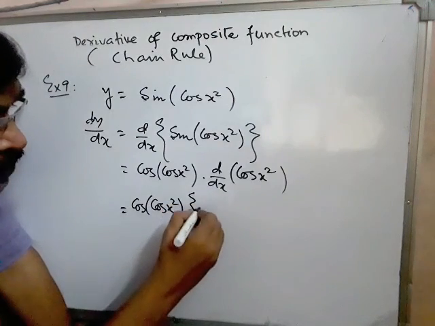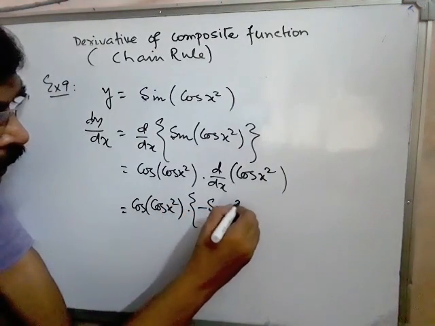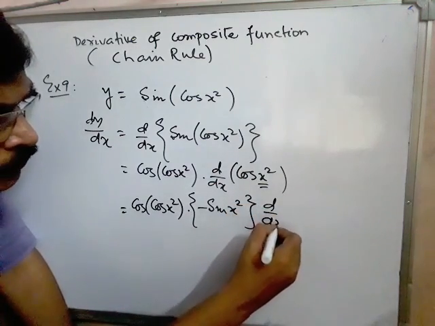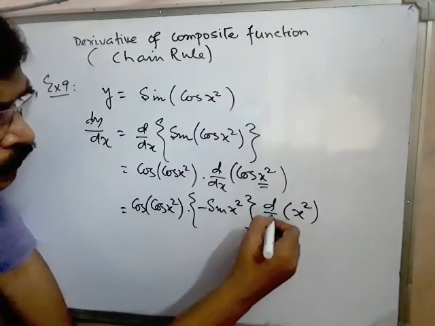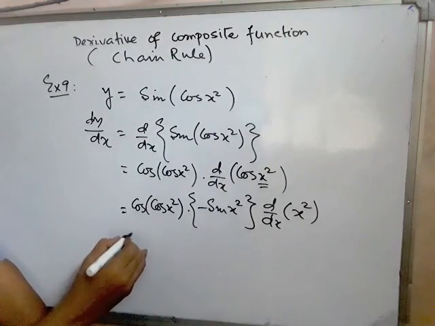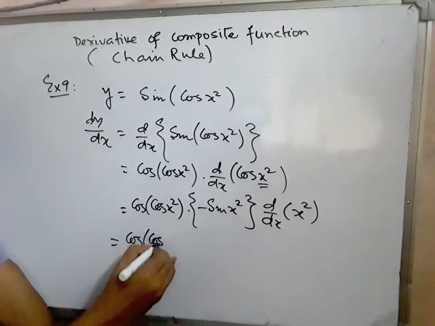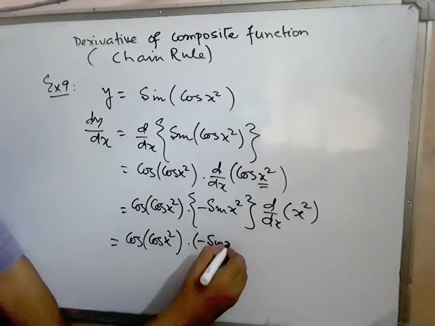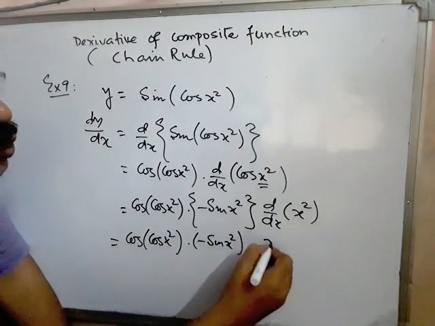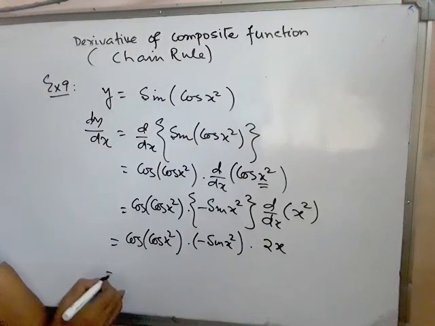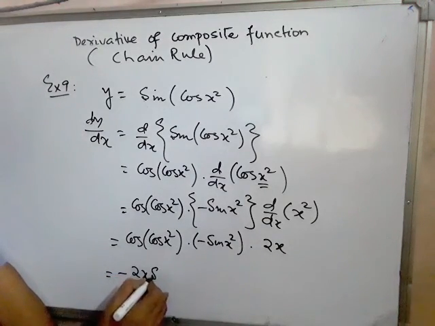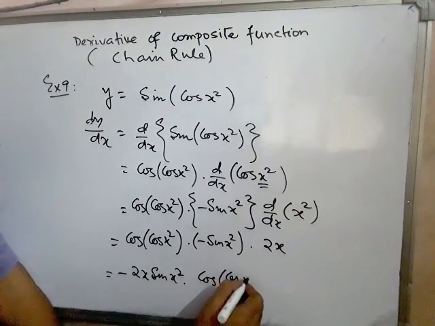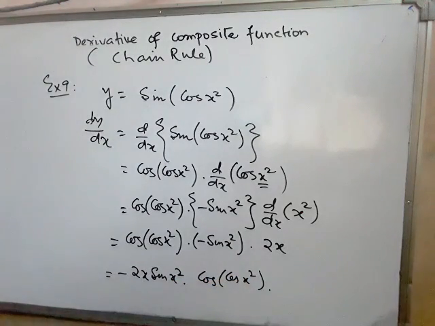So therefore here answer will be minus sin x square, since it is a function of x into derivative of function of x. So therefore cos of cos x square into minus sin x square into 2x. So therefore final answer: minus 2x sin x square into cos of cos x square.